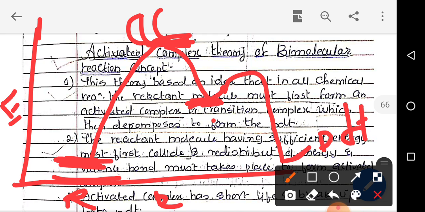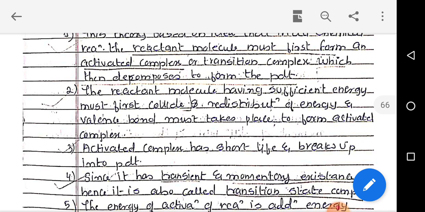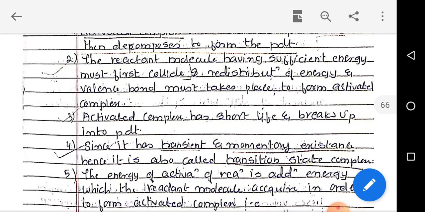So this is all explained by the activated complex theory. This theory is based on the idea that in all chemical reactions the reactant molecules must form an activated complex or transition complex, which then decomposes to form the product.